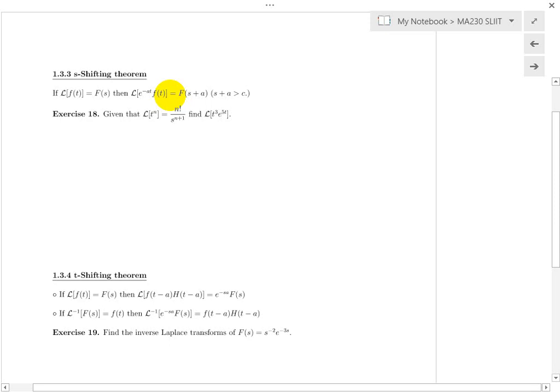You multiply by exponential minus at, and this should actually be s plus a greater than 0.